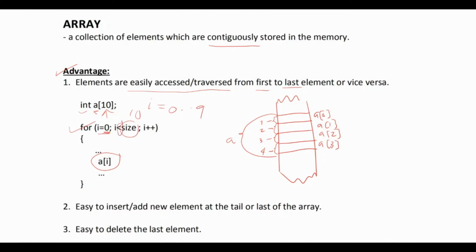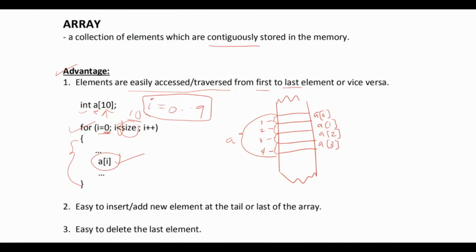The size, which is 10, is not included as a value of the loop variable I. So it's only from 0 to 9. And inside, for each iteration of the loop, we could access the element A[I].